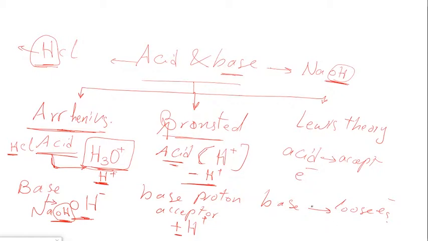Lewis theory is a general theory that can be applied to substances that do not exist in a solution, because in biochemistry, for example, sometimes you don't have water or any solution, so it will be just a reaction between an acceptor and a donor of electrons.